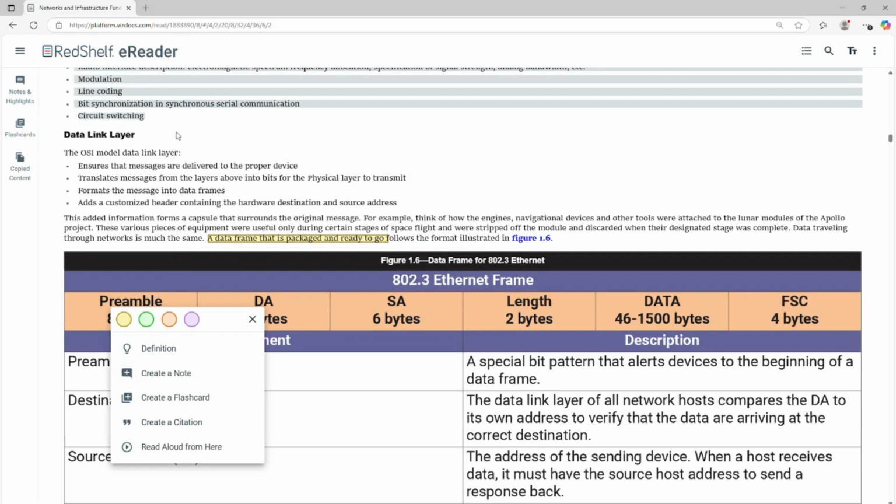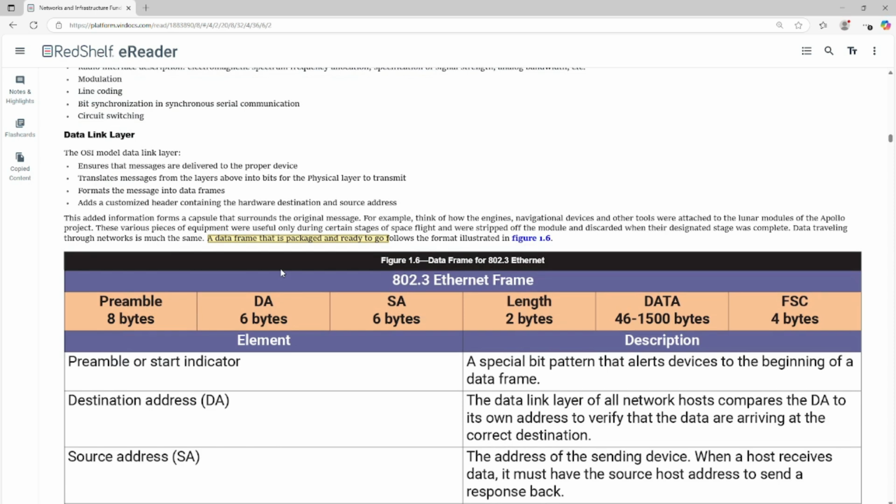Okay, data link layer. It is also a media layer that is local and physical network. This has responsibilities. It ensures that messages are delivered to the proper device, translates messages from the layers above into bits for the physical layer to transmit, formats the message into data frames.